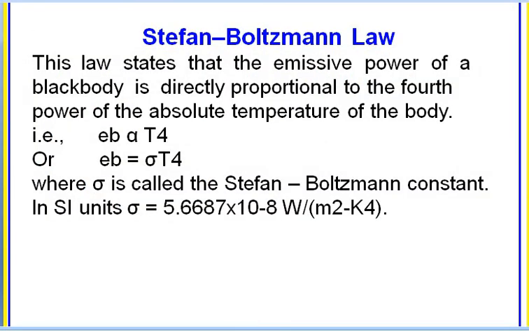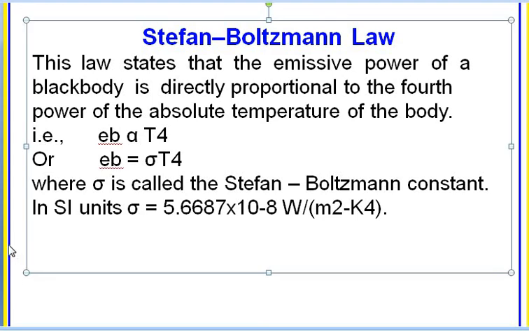The next law in radiation is the well-known Stefan-Boltzmann law. This law states that the emissive power of a black body is directly proportional to the fourth power of the absolute temperature of the body. That is, E B is directly proportional to the fourth power of absolute temperature.